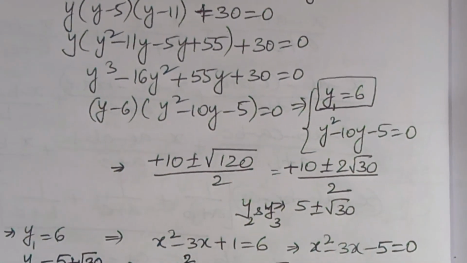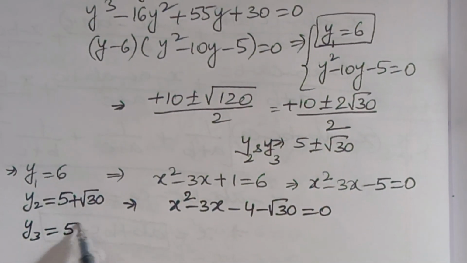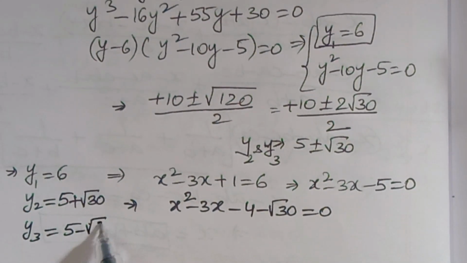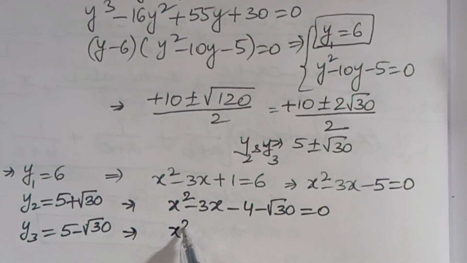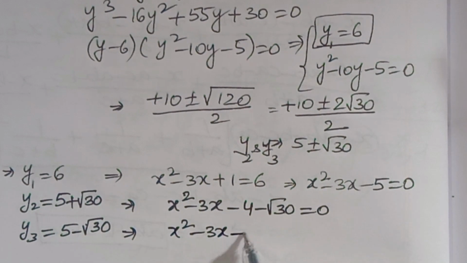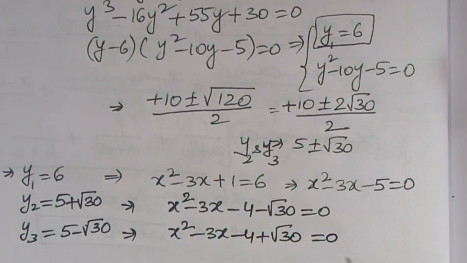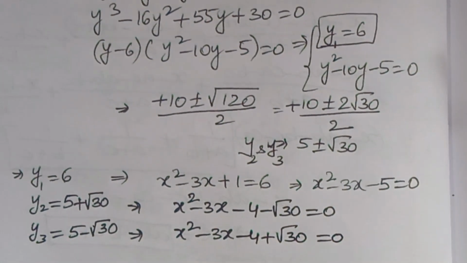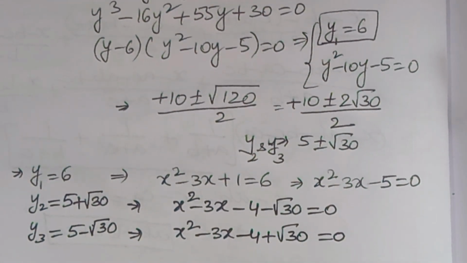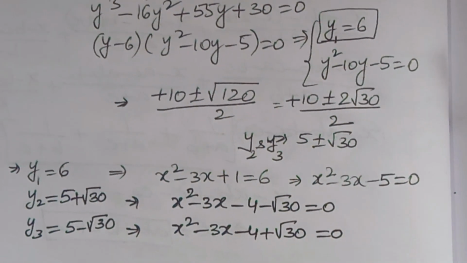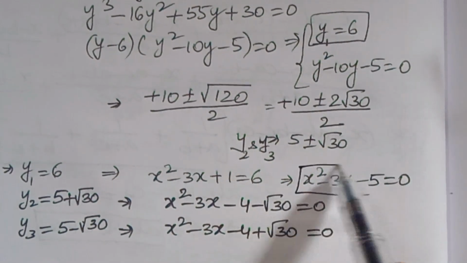Now if you take the y3 value 5 − root 30, then the equation will be x² − 3x − 4 + root 30 = 0. Now let us solve these to get the x values.